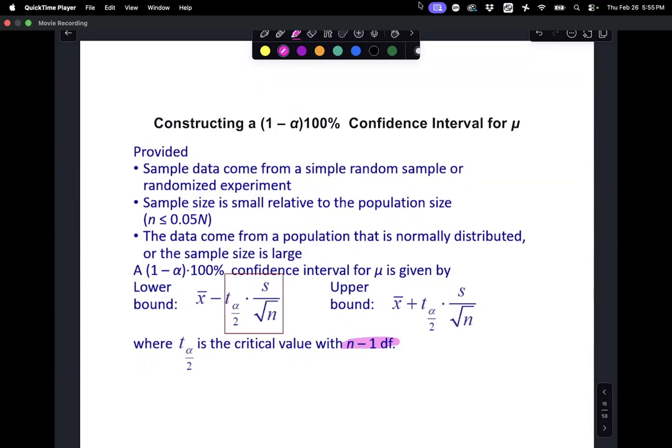The same thing when we were calculating sample standard deviation. So you would do sample size minus 1. So use sample size minus 1 when you're finding your t-value.